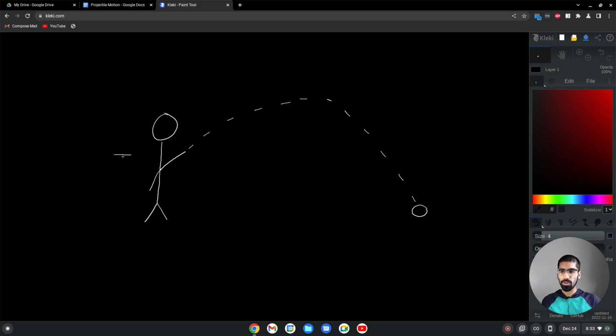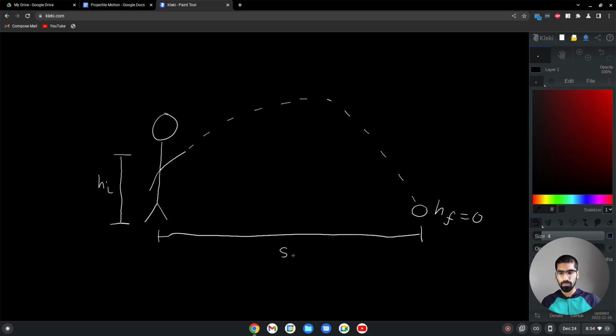The ball started at the initial height of hi, which is not the same as the height of the person, just the height of the ball. And at the end it touches the ground, so hf is equal to 0. In that time, it traveled some distance, which I'll label SB for the distance of the ball.